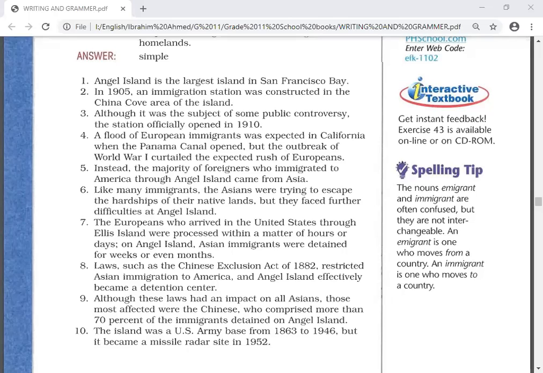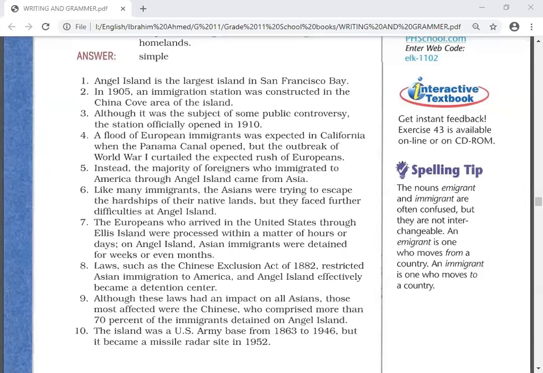Then the Europeans were processed within a matter of hours, and the Asian immigrants were detained for weeks on Angel Island. We have two independent clauses, joined by a conjunction, so it's compound. Thank you, Jana. Your answer is right.